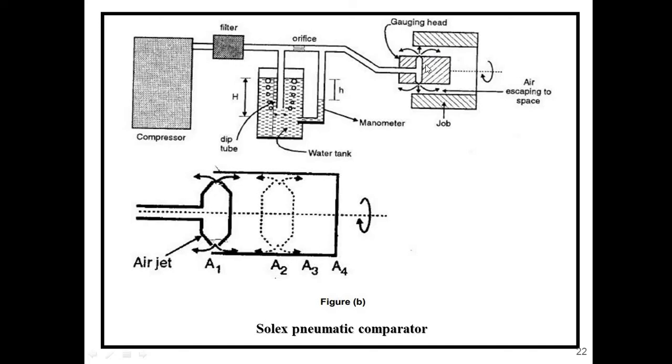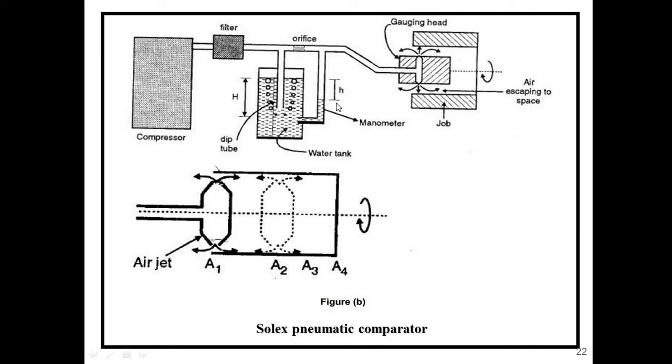Now this restriction to the flow of the air causes the creation of back pressure in the circuit. Since the restriction is there to the free flow of this air, it causes the back pressure in the circuit, and this back pressure comes here and is exerted on the liquid in this manometer tube.